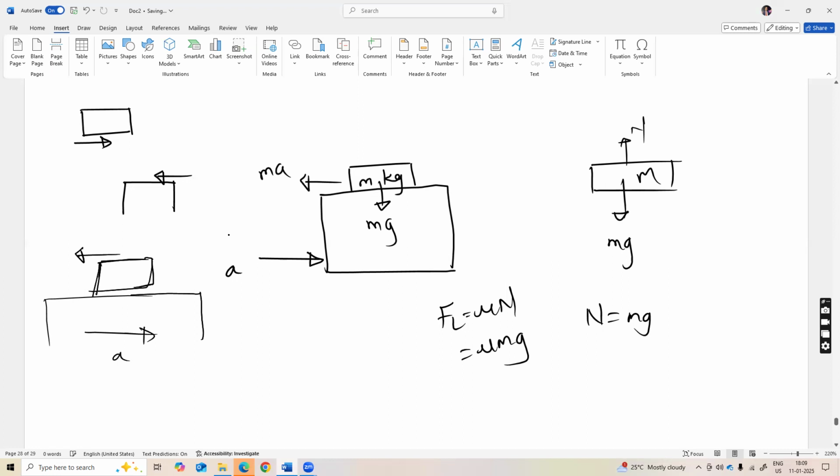So frictional force is opposite to that direction, and it will basically help both blocks to move together.